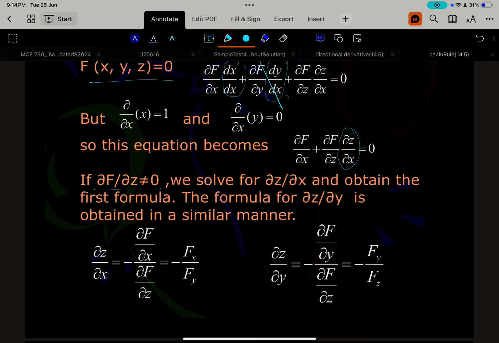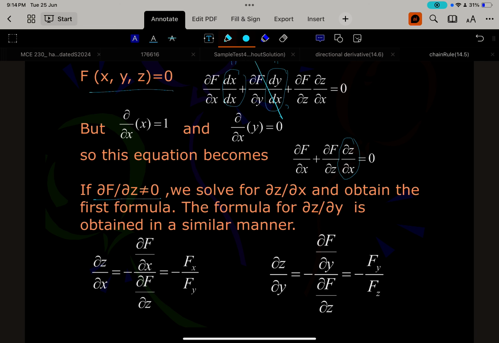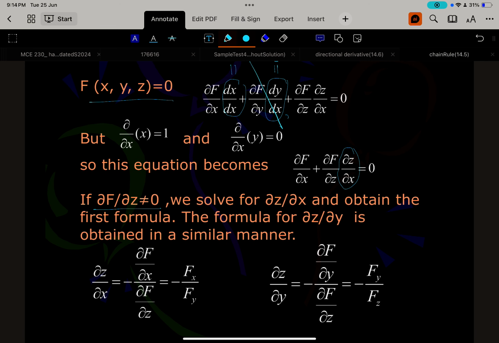An important note here: these are not regular derivatives, these are partial derivatives. Partial derivatives, okay.